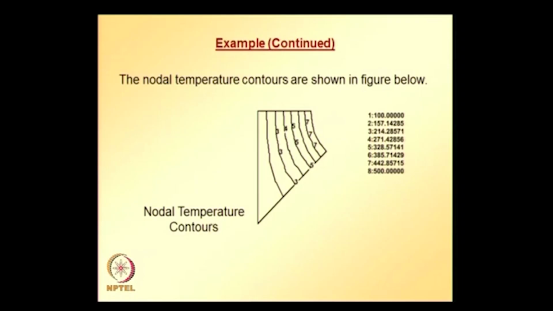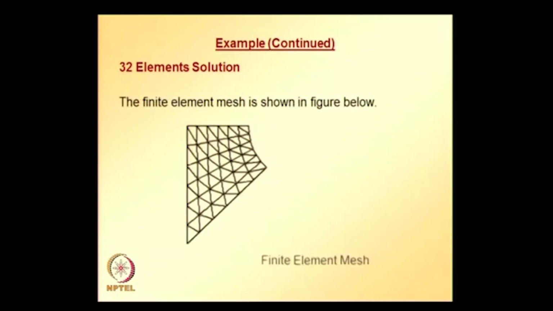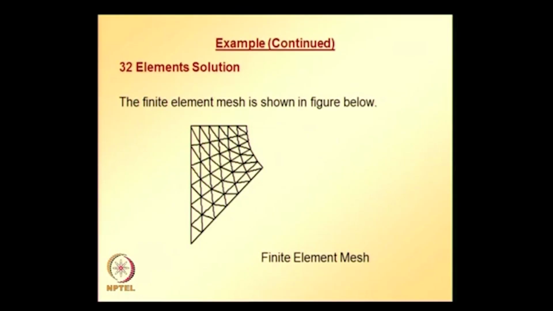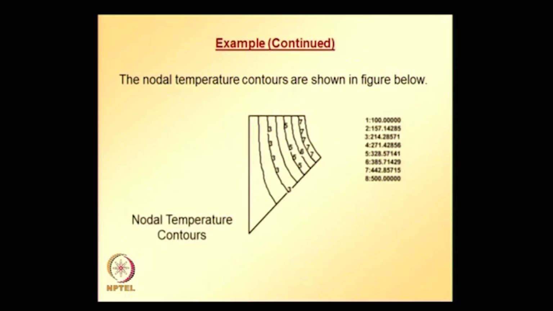Still the model is refined further using 72 elements, sorry, it should be 72, instead of that it is typed as 32, and the 72 element mesh is shown here, and the nodal temperature contours for the 72 element solution are given in this figure.